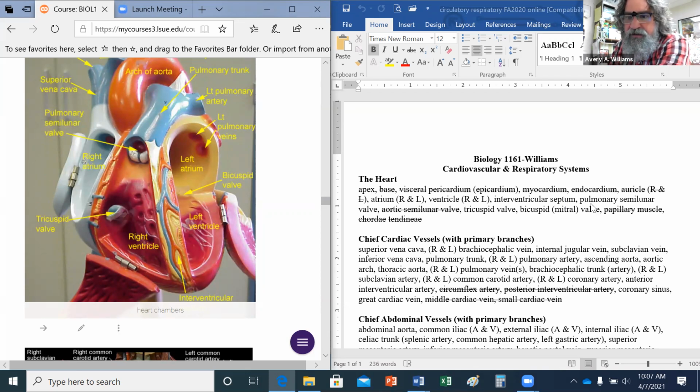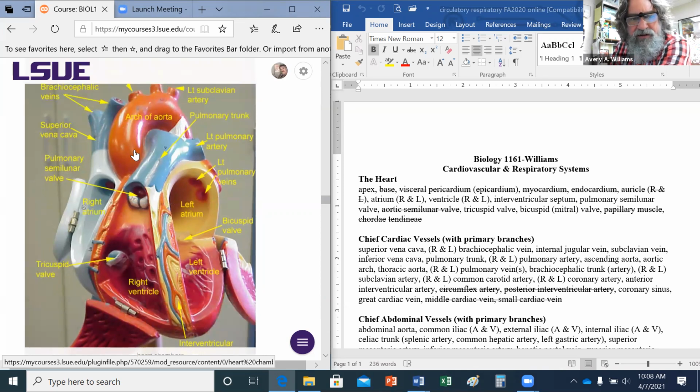And then look, the pulmonary semilunar valve and the aortic semilunar valve, I drew a line through it because you can't see it. But let me show you something. See this large artery coming out, big red one? That's the aorta. And this big blue one, that's the pulmonary trunk. At the base of both of these vessels are valves that open up and allow blood to enter.